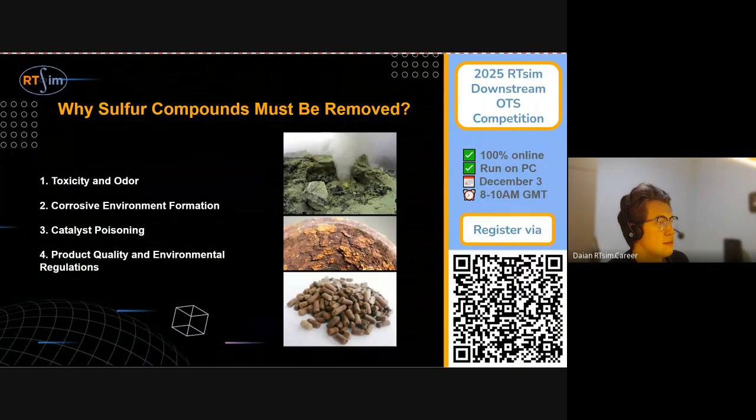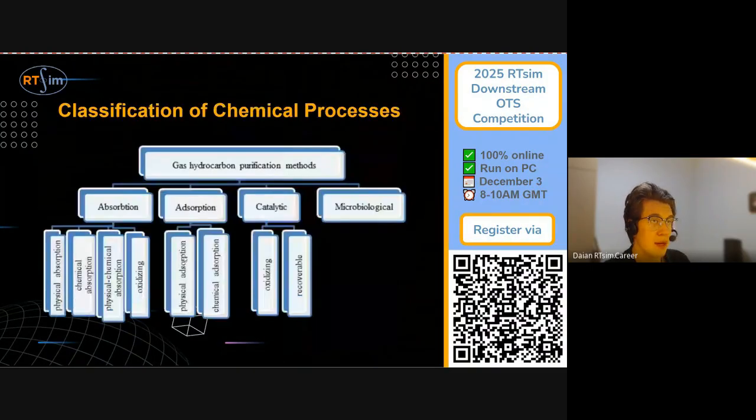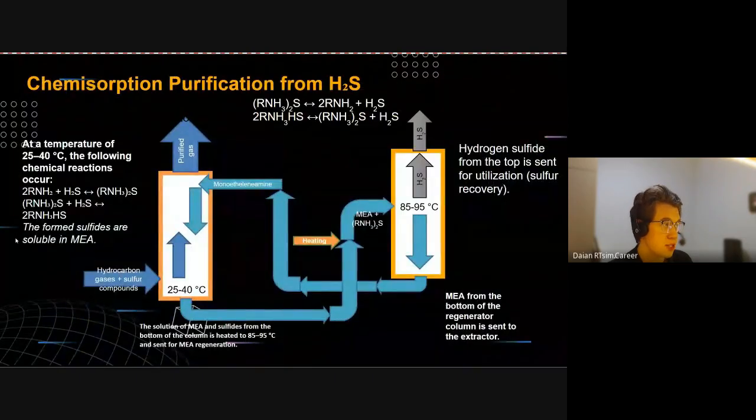About the classification of processes, we can see there are types of gas hydrocarbon purification methods, and our type is chemical and physical absorption, not adsorption. And we will focus on these two.